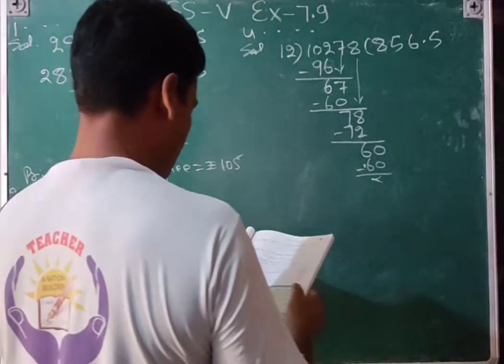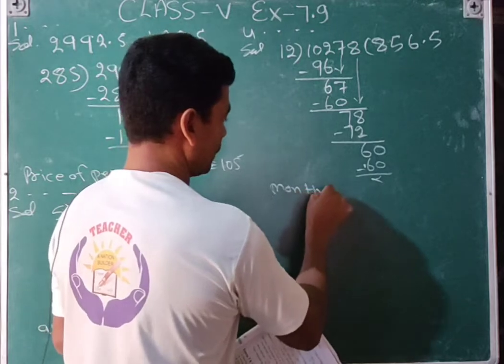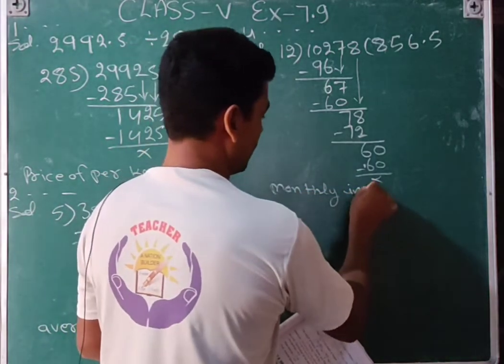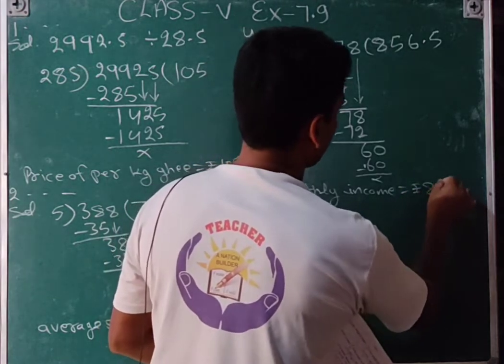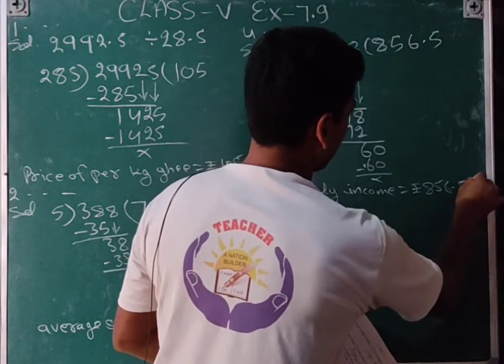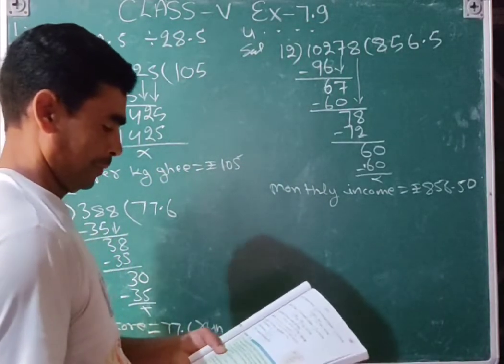So monthly income is equal to rupees 856.50, that is 50 paise.